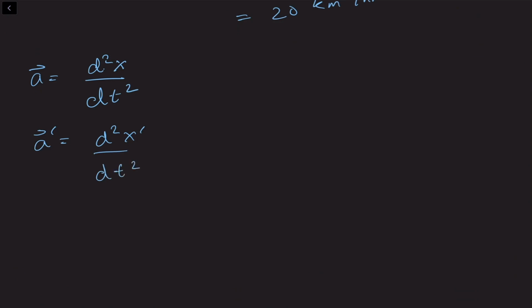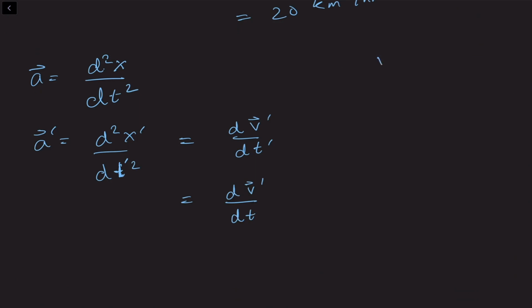That is, what is the rate of change of their velocity with respect to time. So this, in other words, can be written as dv prime by dt prime. And this dv prime by dt prime, again, because t prime is the same as t, can now be written as dv prime by dt.